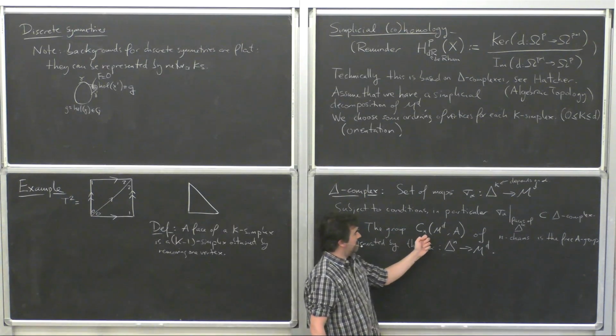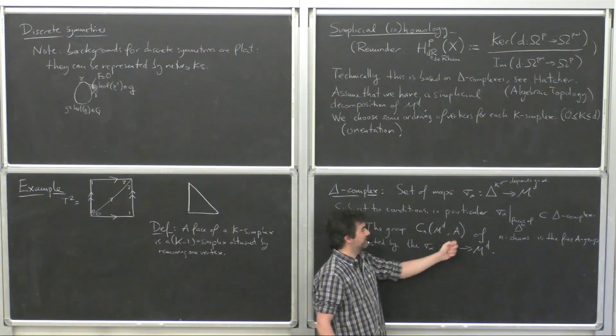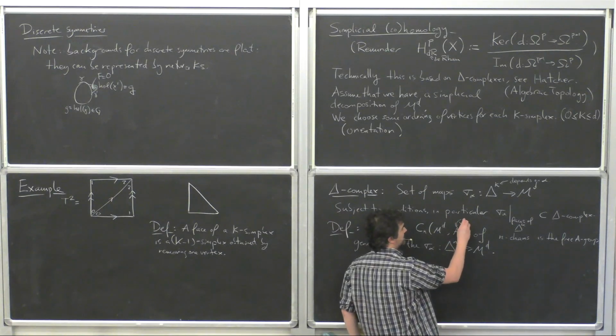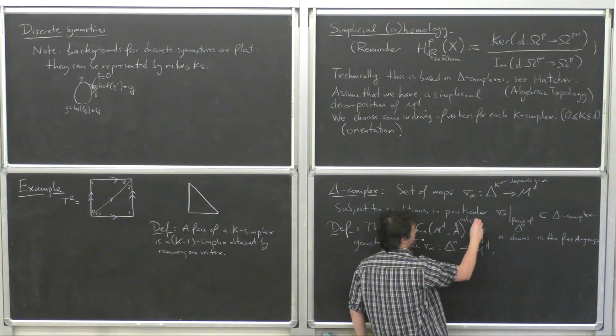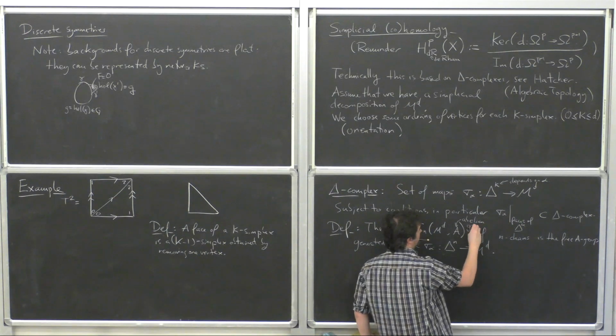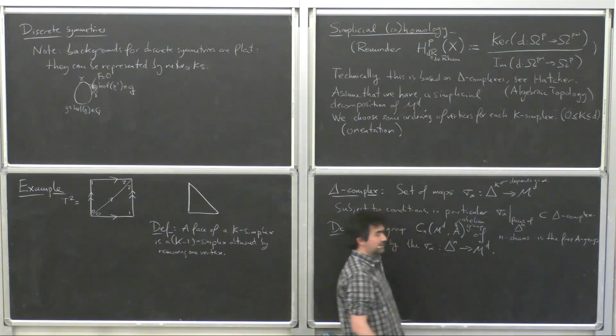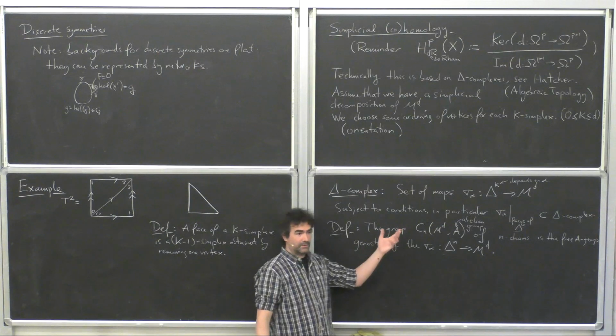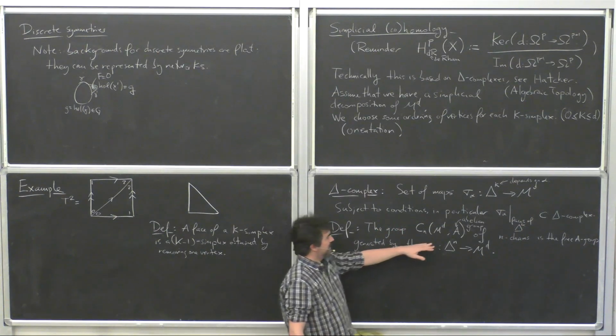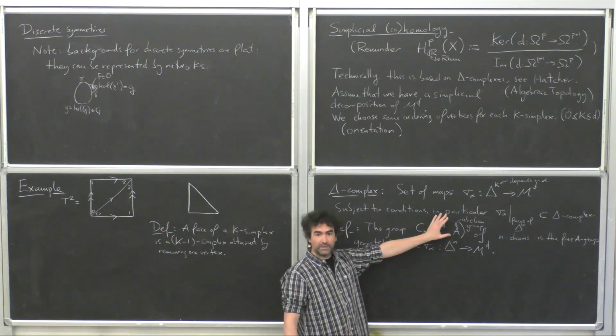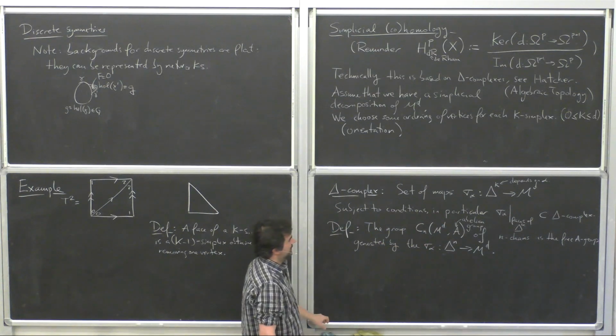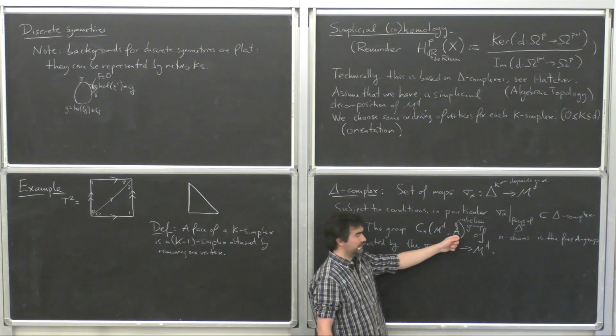I pick an n and I pick an A. A in this definition is some abelian group. It's possible to generalize this to other things, to rings and so on, modules, many things. I'm just going to stick with the simplest one, which is the one I need for the next few lectures. So A is some choice of abelian group.